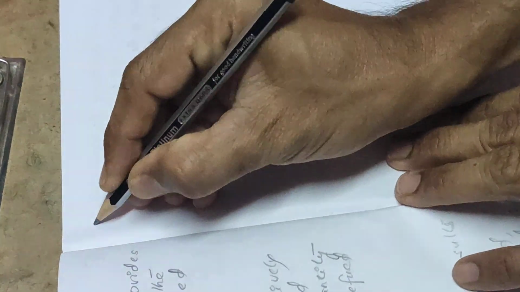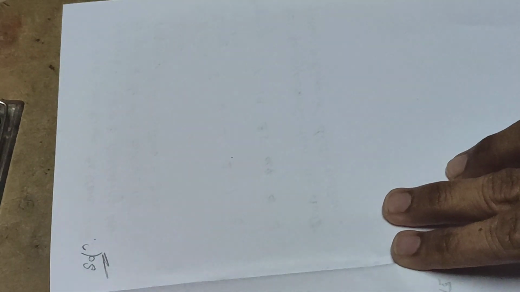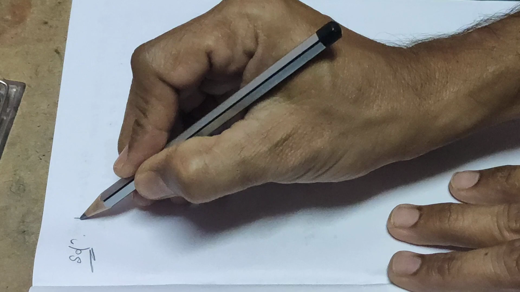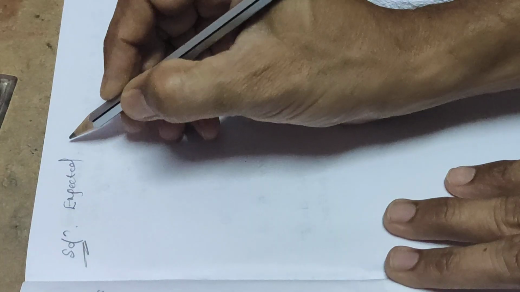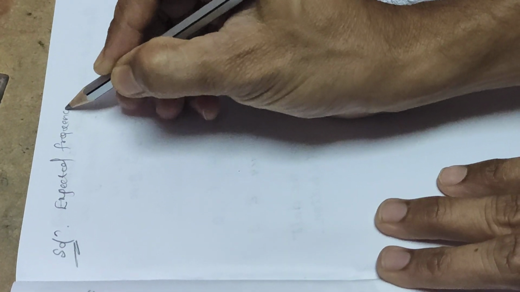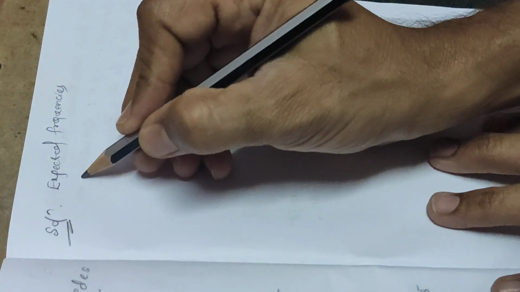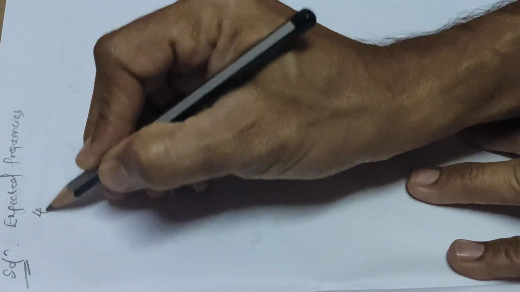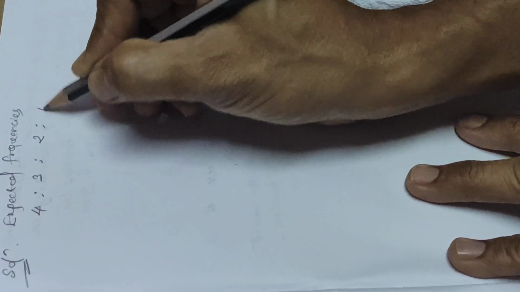Now I'll solve this. First we'll find the expected frequencies using the ratio 4:3:2:1.